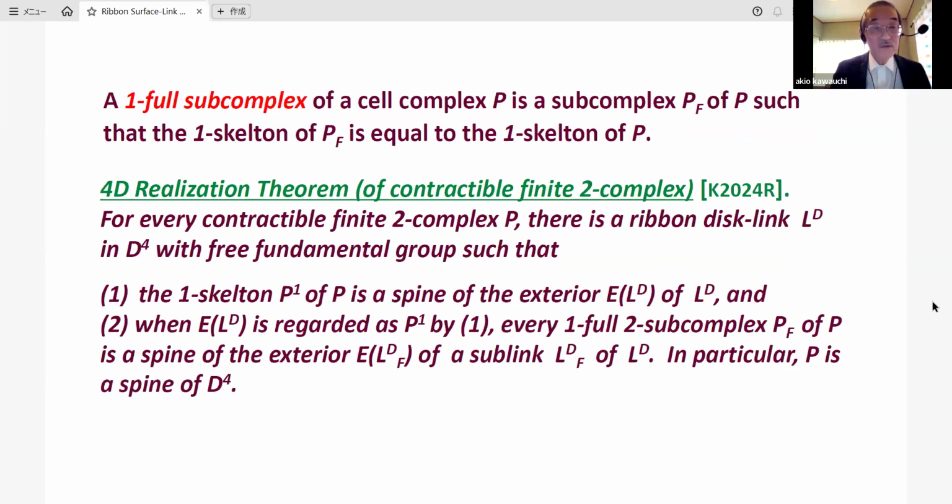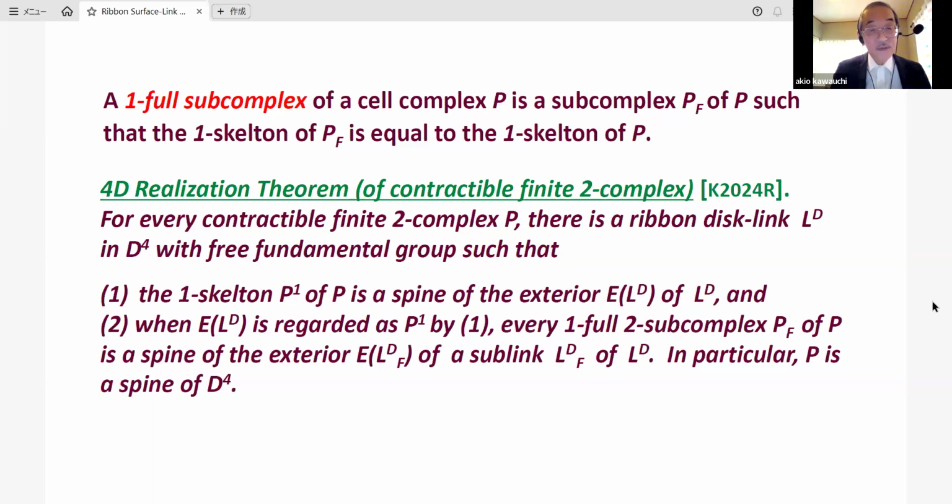A one-full subcomplex of a cell complex P is a subcomplex P_F of P such that the one-skeleton of P_F is equal to the one-skeleton of P. So the following ribbon realization theorem is obtained.